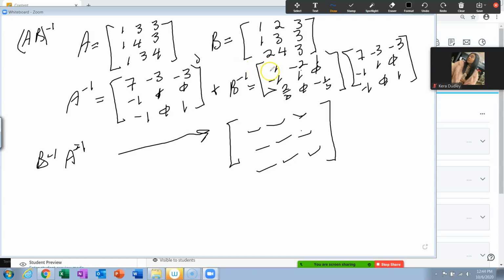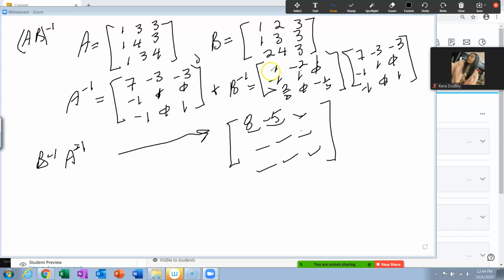First row, first column: 7 plus 2 is 9, minus 1 is 8. Second, negative 3 minus 2 would be negative 5. That's a negative 5.